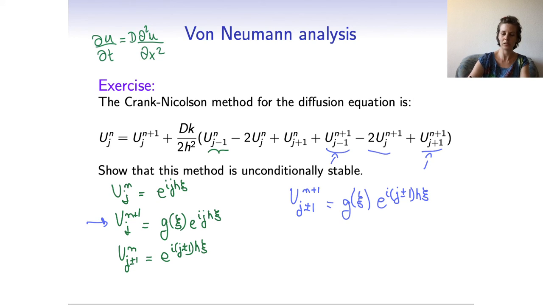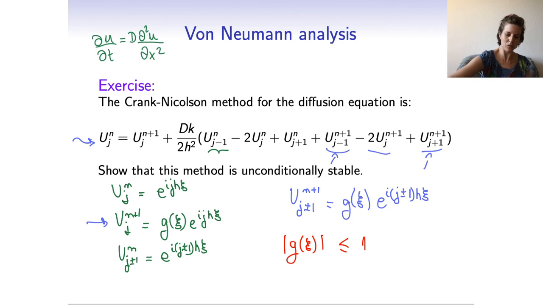So you substitute all these functions in, so you transform the method to the Fourier space, and then you are going to find an equation for the amplifying factor, and then you need to show for which condition the absolute value of this amplifying factor is smaller than 1.